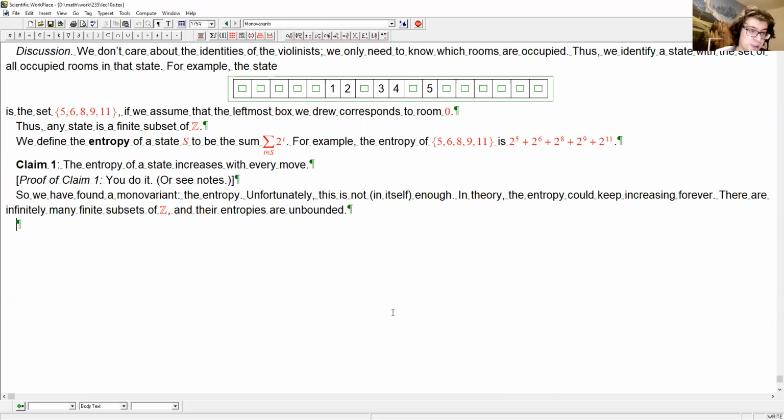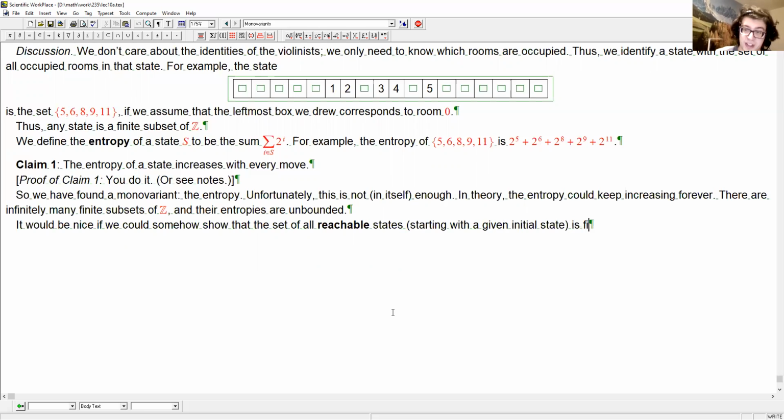However, let's not give this idea up. It would be nice if we could somehow show that the set of all reachable states, in other words, states we can reach when starting with a given initial state, is finite. Indeed, if this is true, then the set of all possible entropies that can be achieved is also finite.